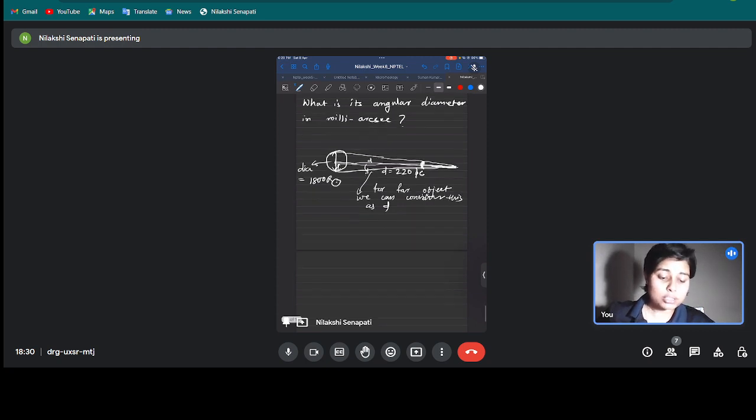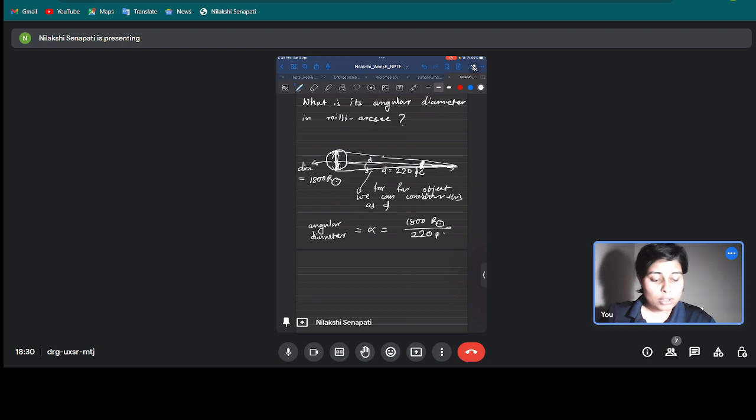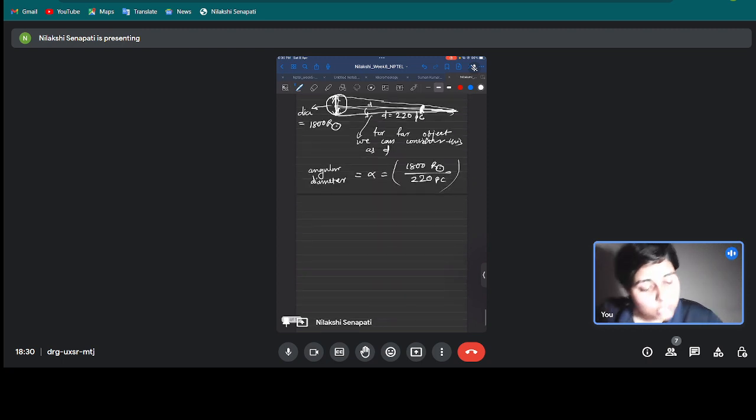Here it is talking about the angular diameter, not the radial, so you don't need to consider half of the diameter. This is a very simple question; you just calculate the diameter divided by the distance. This will be in radians, and after conversion it will be approximately 9 astronomical units by 220 parsec.